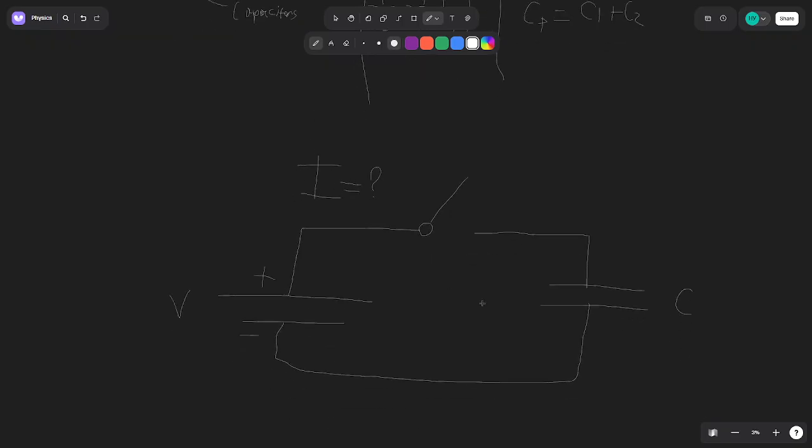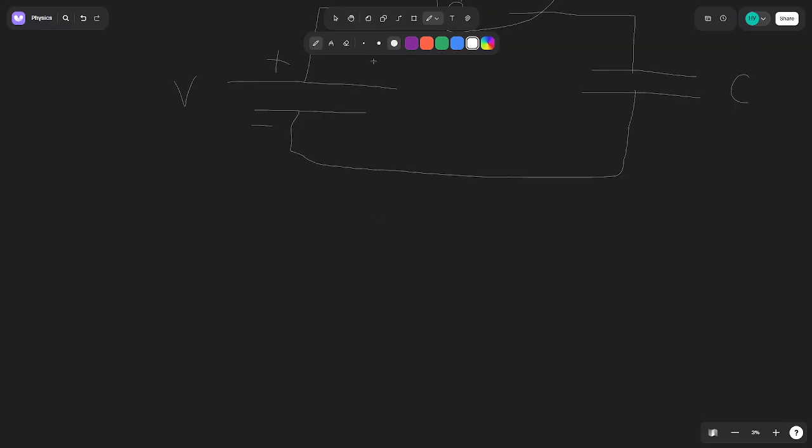Since the circuit is open, the current will equal 0 because no electricity comes through it. Let's go further.